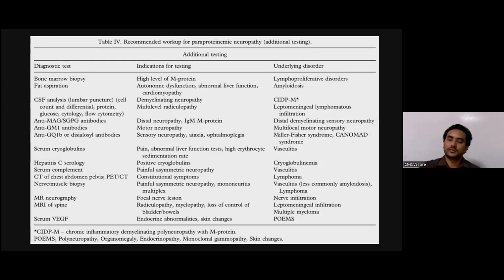All had a negative abdominal fat pad biopsy, but one got a positive minor salivary gland biopsy, and the other 2 got a positive rectal biopsy. So if suspicion is high, it is better to take the minor salivary gland as well as rectal biopsy.